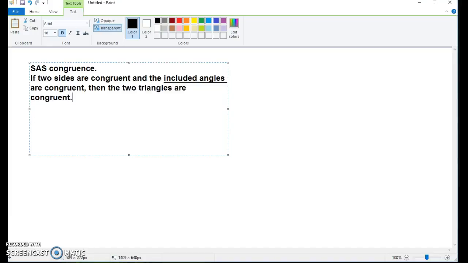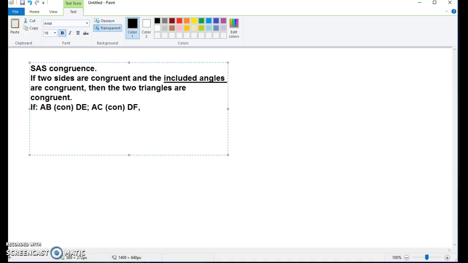So if I have AB is congruent to DE, and I have AC congruent to DF, then, oh wait, forgot about the angle.